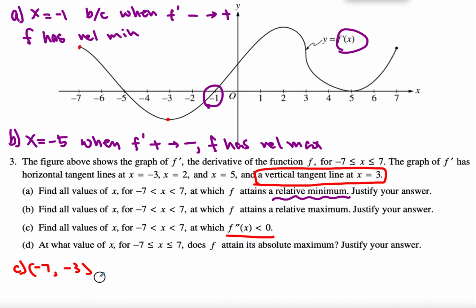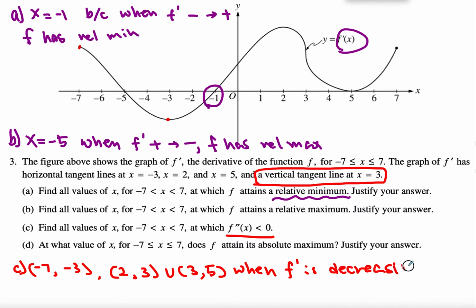Therefore, we have to say 2 to 3 or 3 to 5 as well, because when the first derivative is decreasing, f double prime is negative. So that's what we realize.